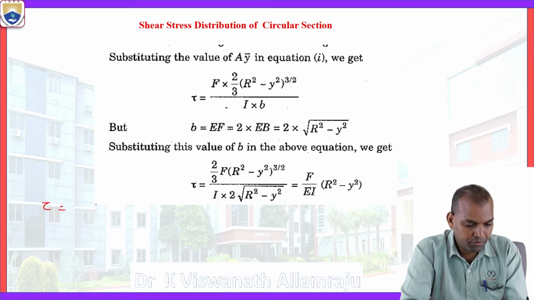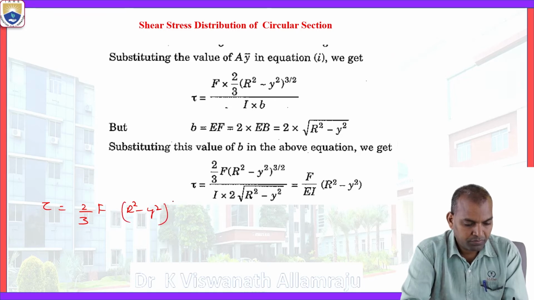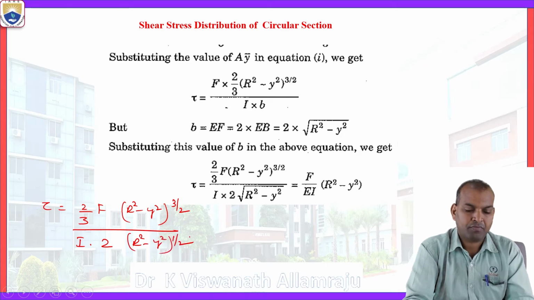That is, tau equals 2/3 F times (R square minus Y square) power 3 by 2, divided by I times 2 times (R square minus Y square) power 1 by 2.